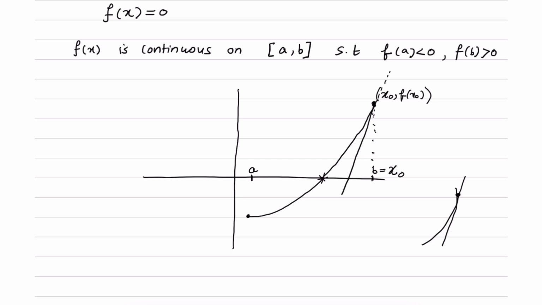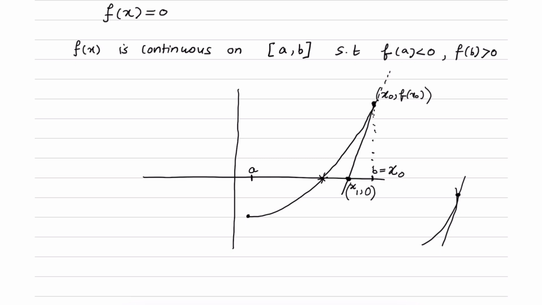And this tangent line cuts the x-axis at a point. Let's name this point x1. At this point, x1 is the x-coordinate, and since on the x-axis all y's are 0, the y-coordinate is 0. So this tangent line is cutting the x-axis at point x1, 0.